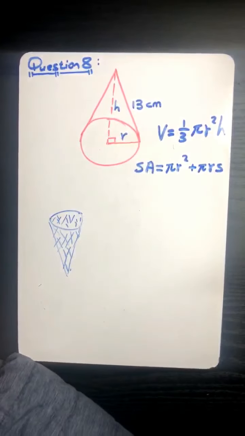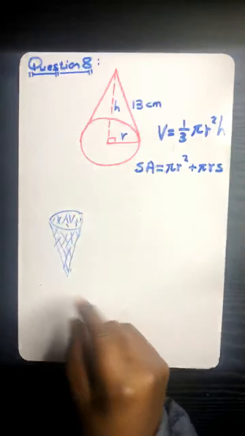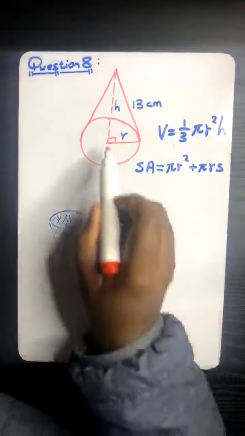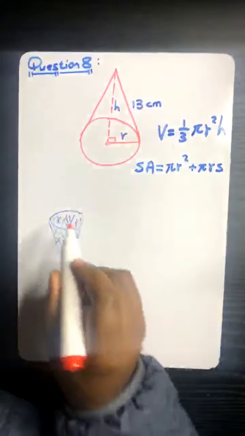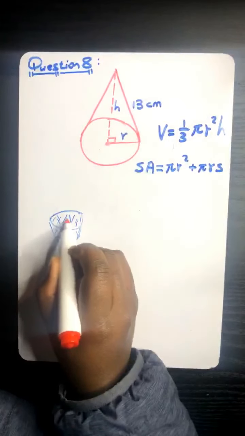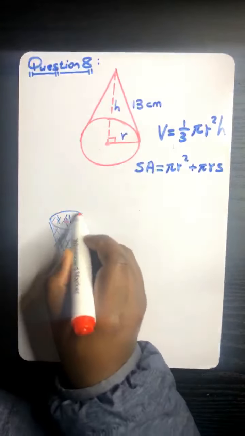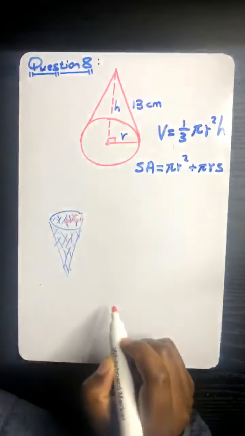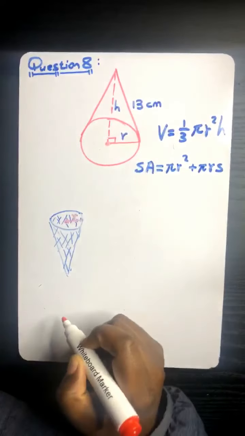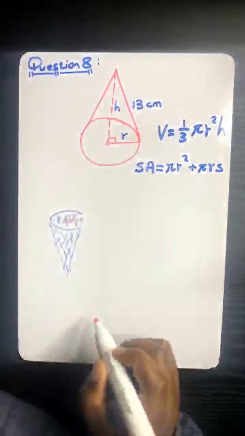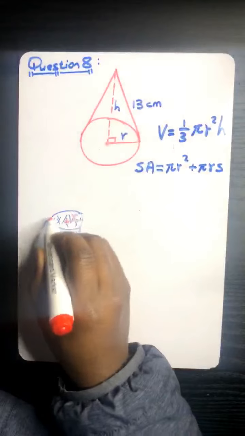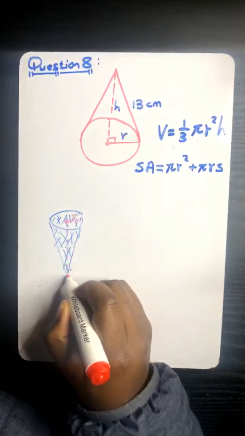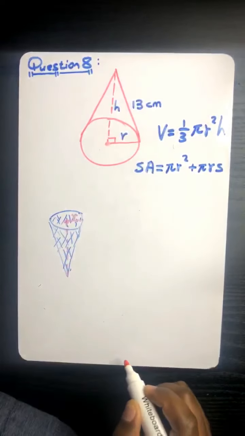So in this case, this is that cone, but turned upside down. So that r is actually from the center of this circle, the opening of the cone. Remember, it is turned upside down. That h is actually from the center of that opening of the cone going down to the top of that cone.